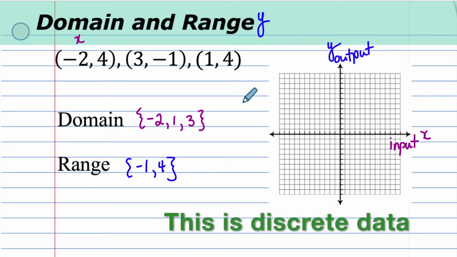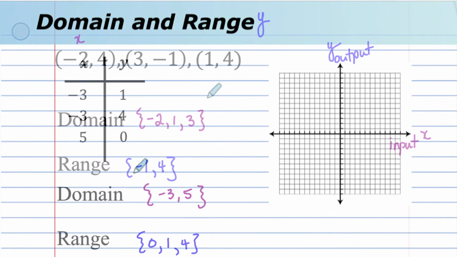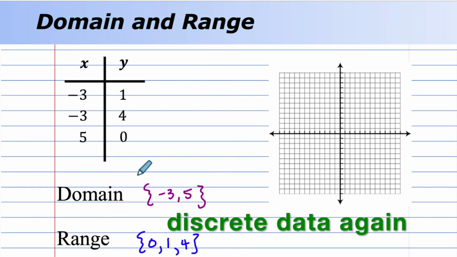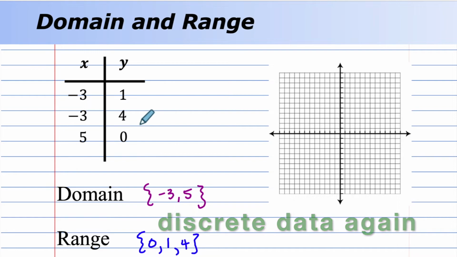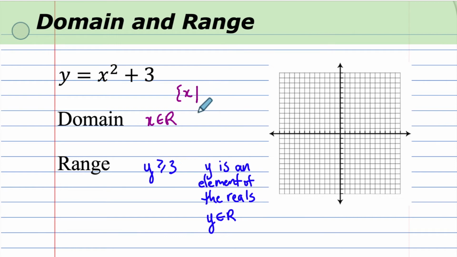Domain and range are written in set notation for ordered pairs. Domain and range are written in set notation for table of values. Set notation uses this, but in just a little more detail. We use the squiggly brackets and we say x is such that x is an element of the reals, and then close the brackets.